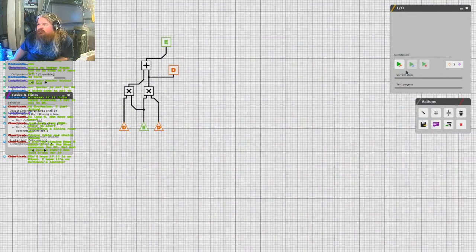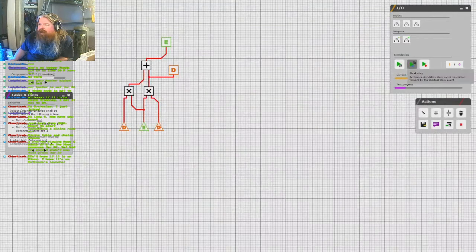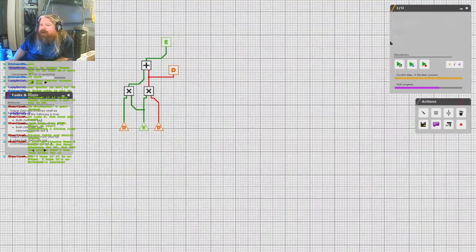Okay, I think we are ready. See, I saved us a logic gate.